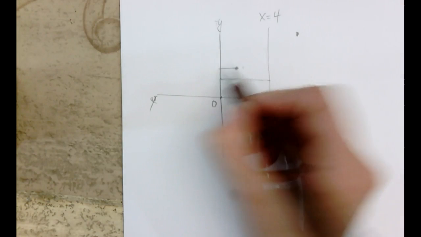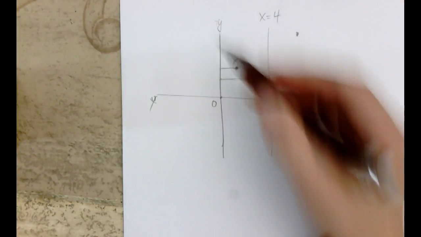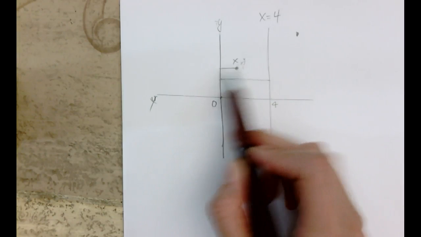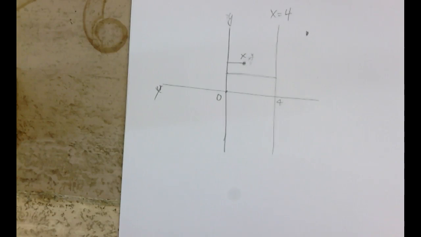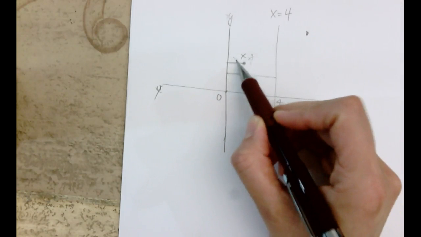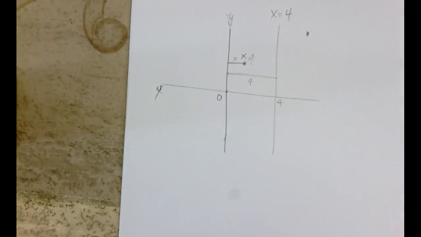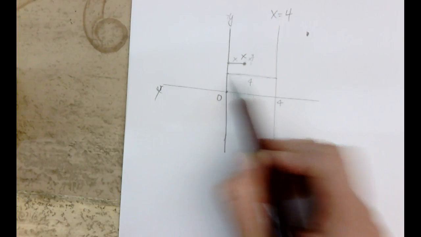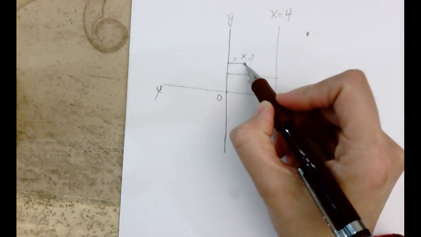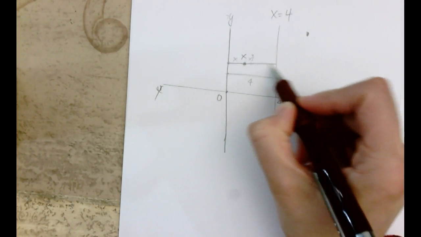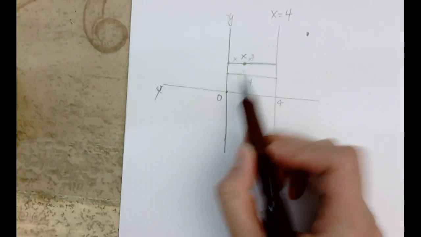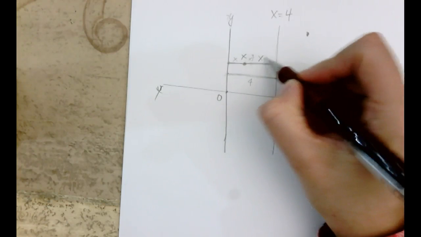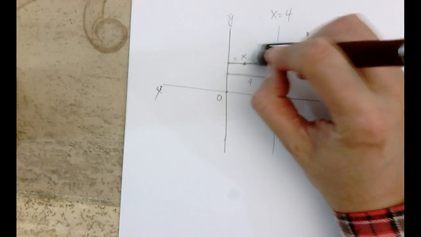And this distance right here is x. I'm not going to do anything about y, because y is not going to change. We are only looking for x, because y stays at y. So this distance here is 4, because these coordinates give you the distance from 0. The distance from the point x to the line x equals 4 should be the difference between these, so it is 4 minus x, not x minus 4.